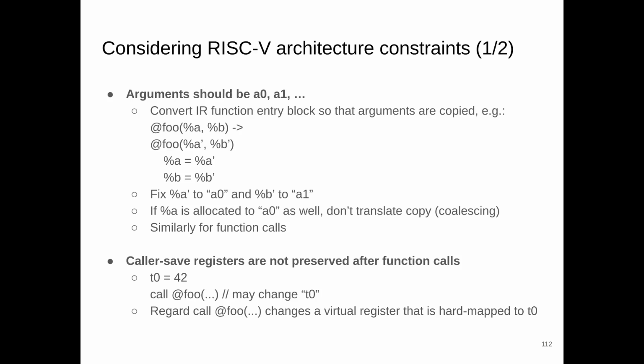So we do it like this. We introduce virtual registers for T0 for this function call foo. And as you did for the argument registers, you hardwire this virtual register into T0 in the coloring at the beginning of the coloring algorithm.